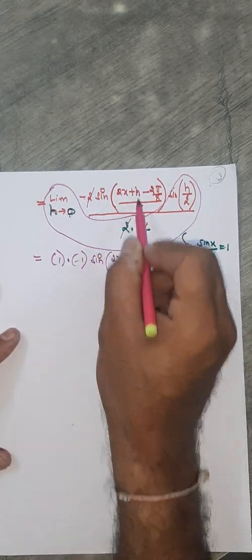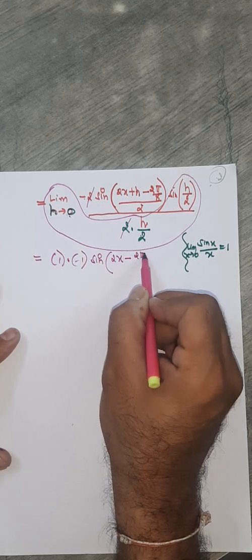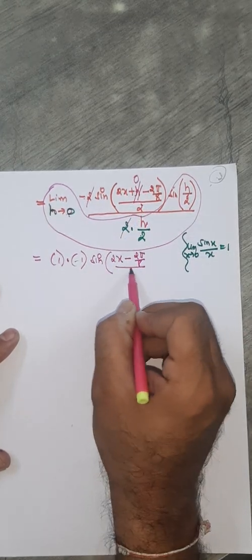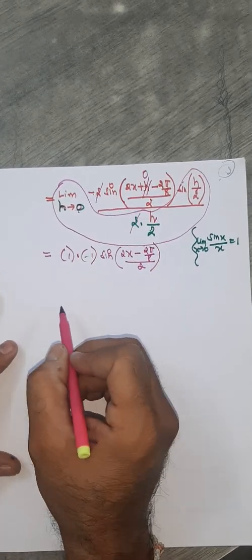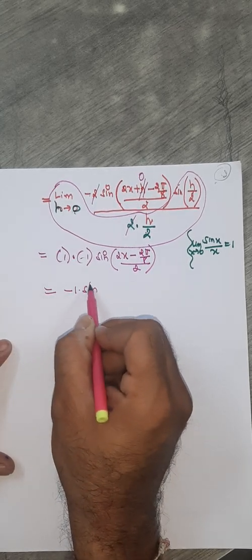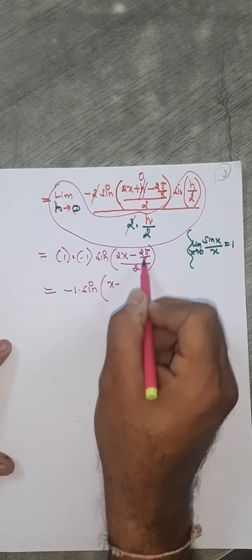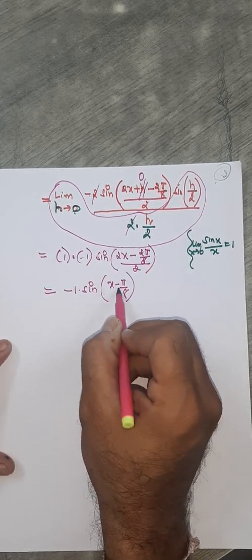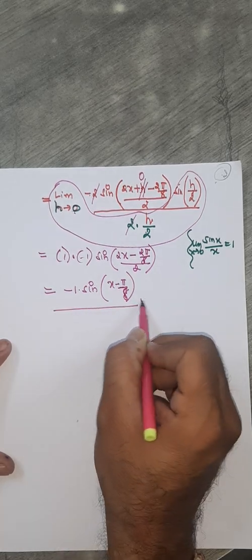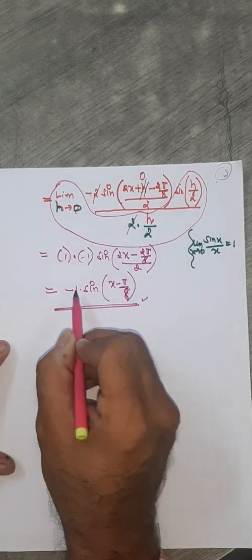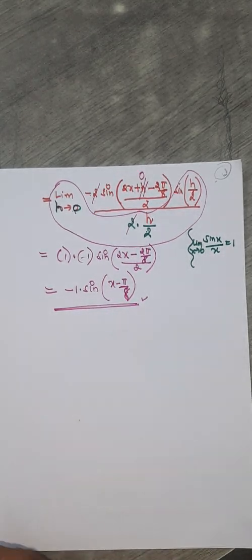So 2x minus 2 pi by 8, the whole by 2. So 2 will get cancelled. So we have here minus sin of x minus pi by 8, that is the required derivative with minus sign. 2 you can take common and it will get cancelled with this. So minus sin of x minus pi by 8 by first principle, that is the derivative.